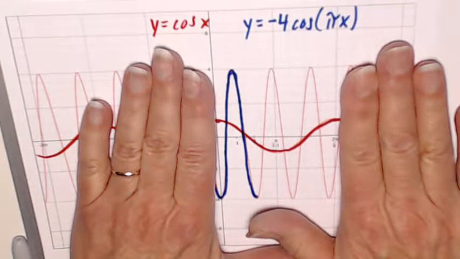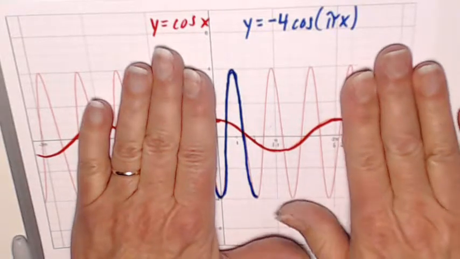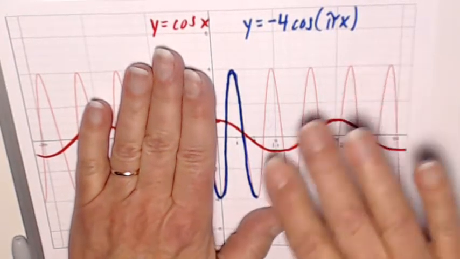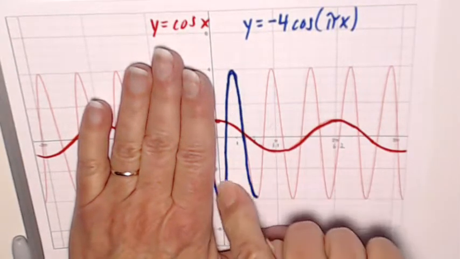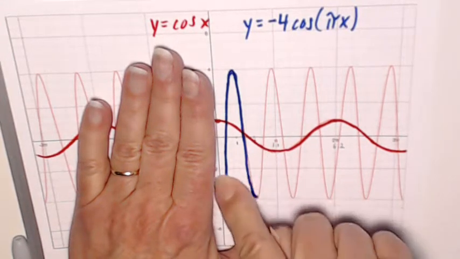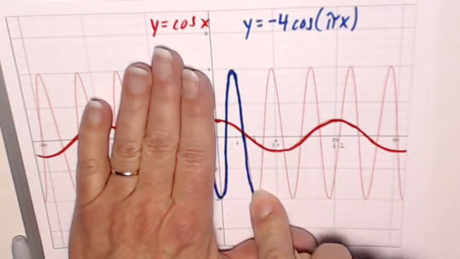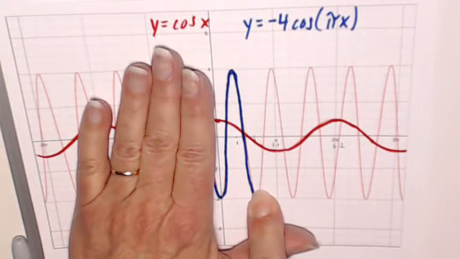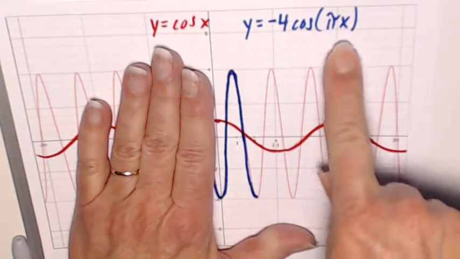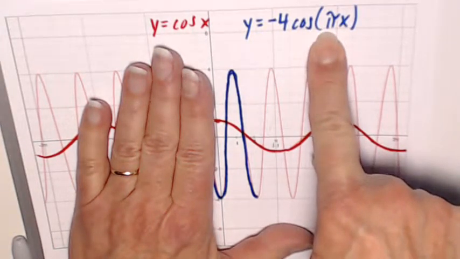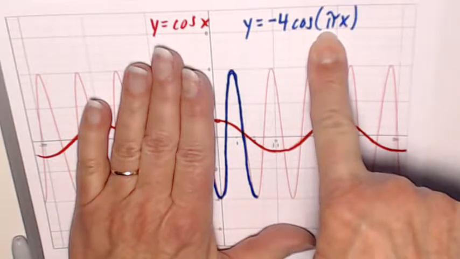But we can see now for the function that we graphed, I've darkened the 1 loop we did between 0 and 2. We had 1 complete period because our period was changed. This pi here changed our period from 2 pi to 2.